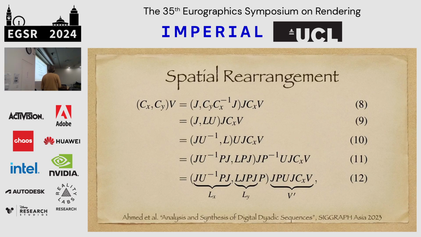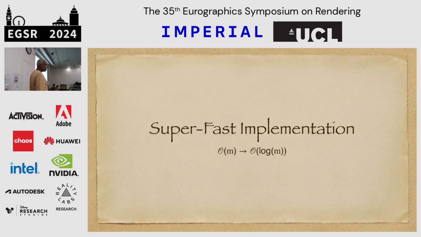This relies on some properties, for example that any matrix that can be combined with the J matrix can be decomposed into an LU decomposition. All of this is background. Our work in this paper is to speed up from order m, the number of bits, to order log m.